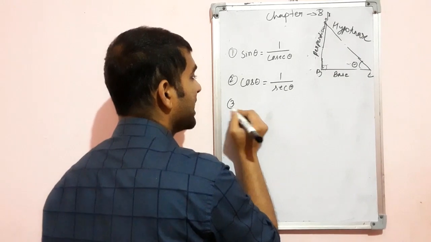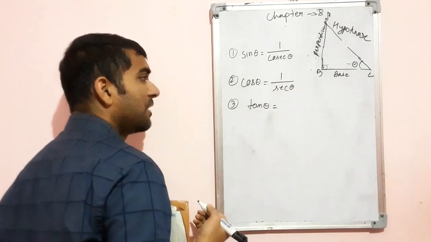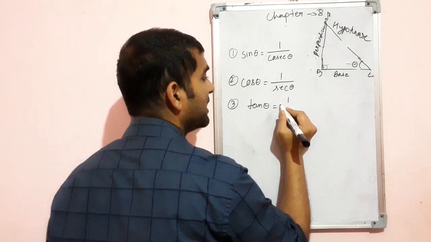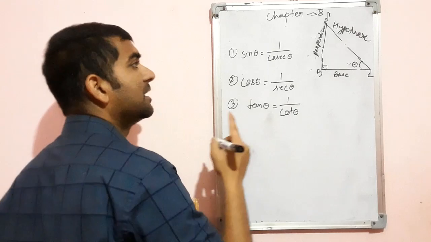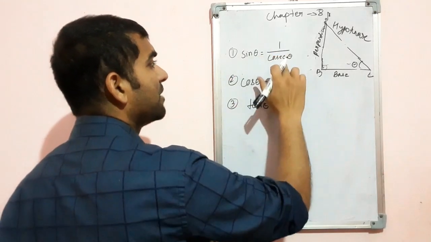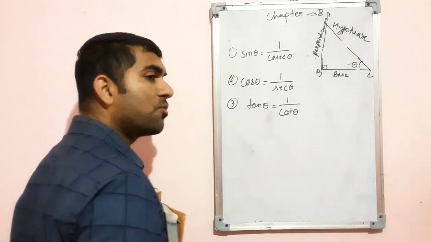Then next we have tan theta, which is 1 by cot theta. So I hope you are clear with this. Sin is 1 by cosec, cos is 1 by sec, tan we can write as 1 by cot.